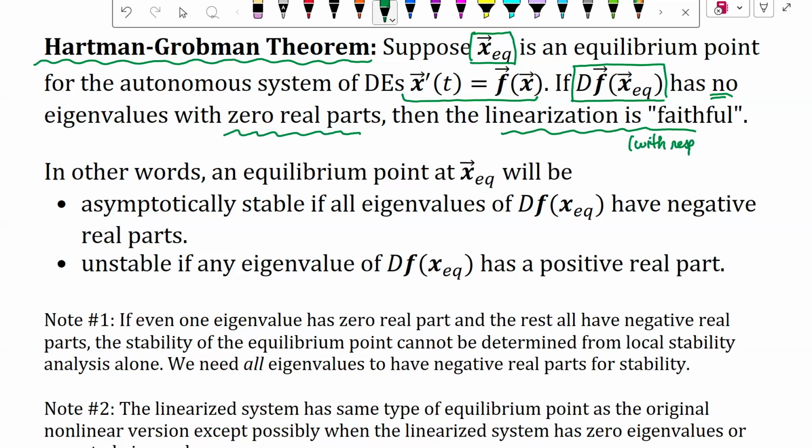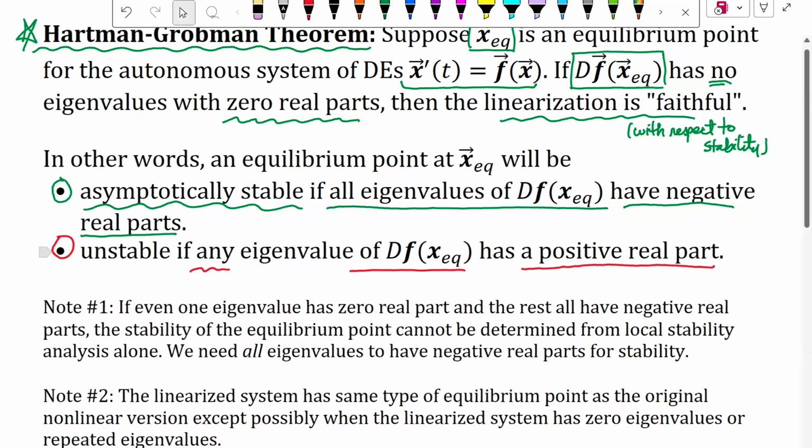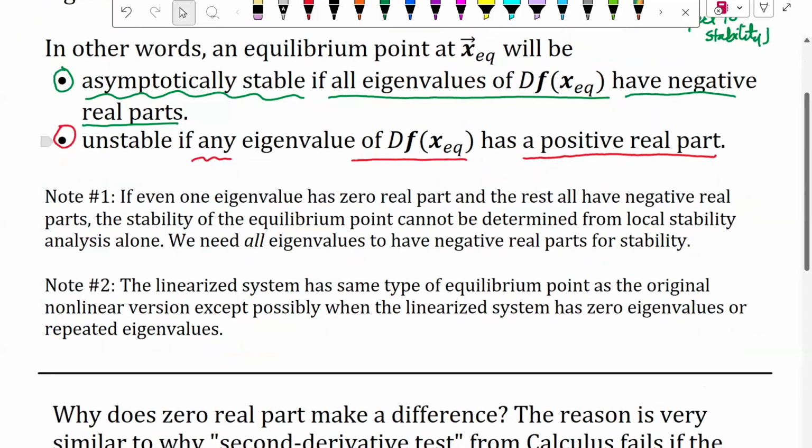So in other words, if all of the eigenvalues of our Jacobian evaluated at that equilibrium point have negative real part, then we can safely say that that equilibrium point is asymptotically stable. On the other hand, if any of the eigenvalues of our associated Jacobian at that equilibrium point have a positive real part, then we can say that the equilibrium point is unstable.